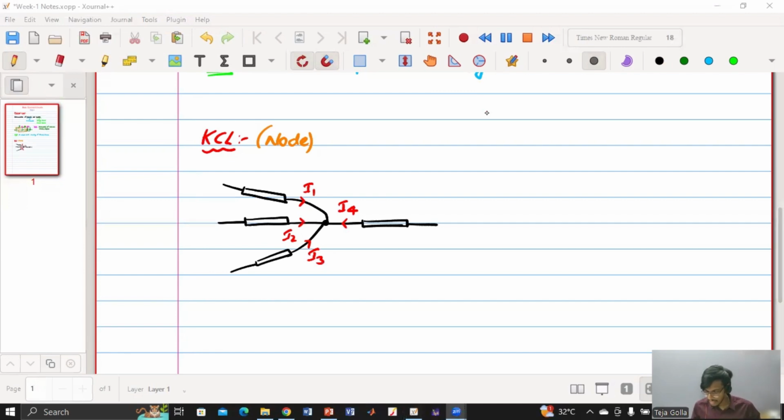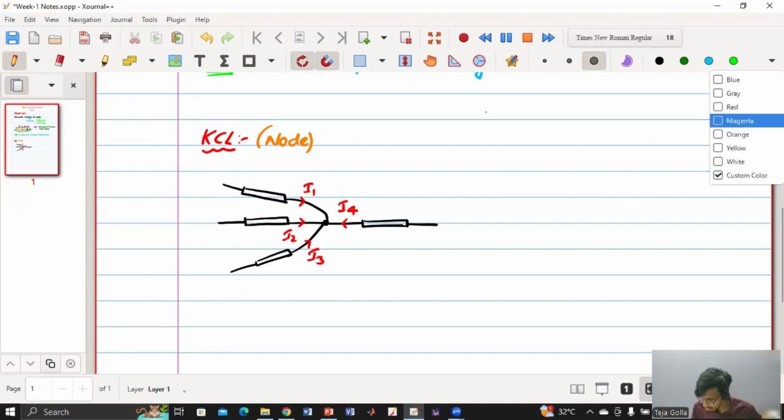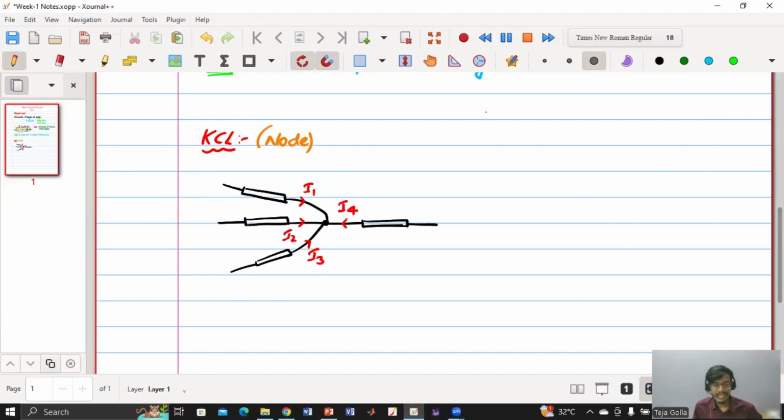KCL can be stated as so first of all, this is a node, right? An interconnection of two or more elements. So KCL is applied at any node, and it says the summation of the currents entering the node is equal to the summation of the currents leaving the node.